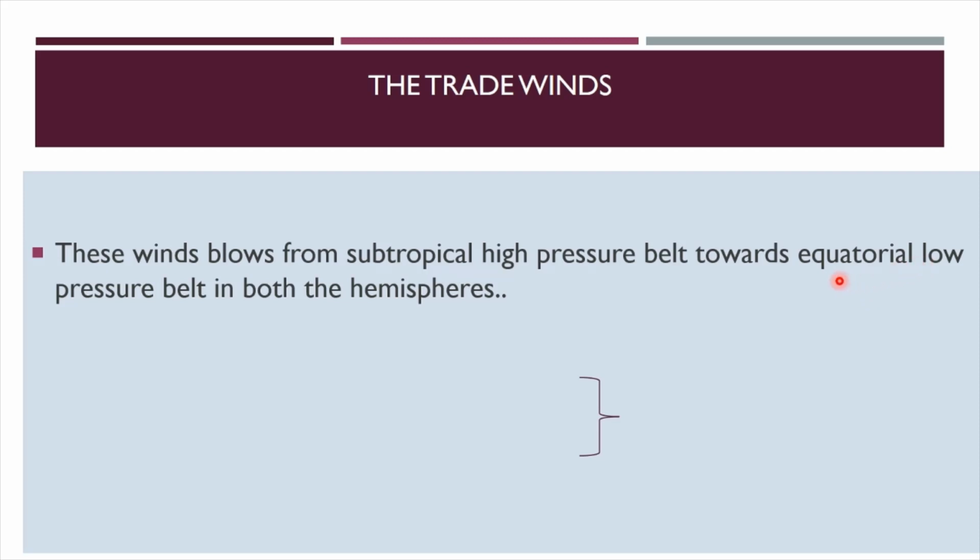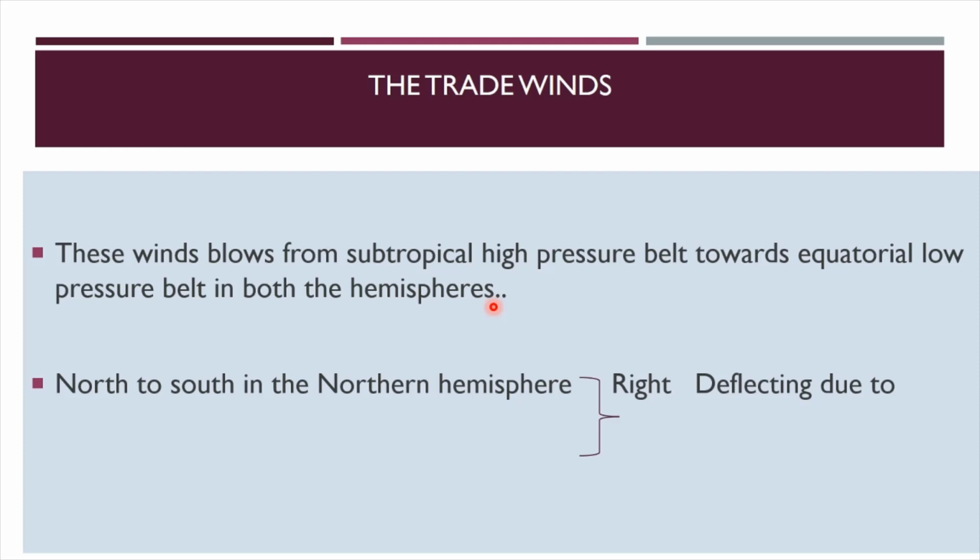If you have not seen it, you can watch the video; I have already given the link in the description box. So this wind blows from the subtropical high pressure belt towards the equatorial low pressure belt in both hemispheres, that means the northern hemisphere and the southern hemisphere.